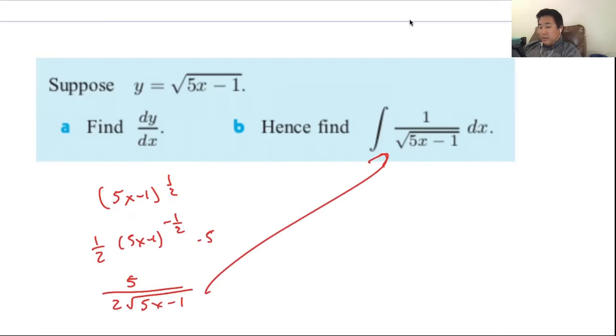It's like times by 5 over 2. So I think the integral is going to be 5 over 2 root 5x minus 1 times 2 over 5, the inverse of that. So that's going to be plus c.